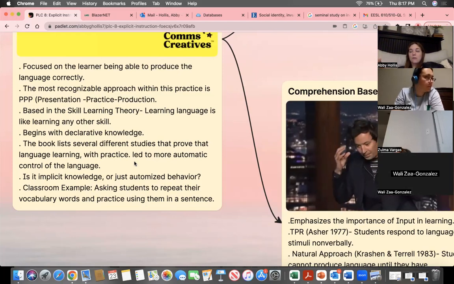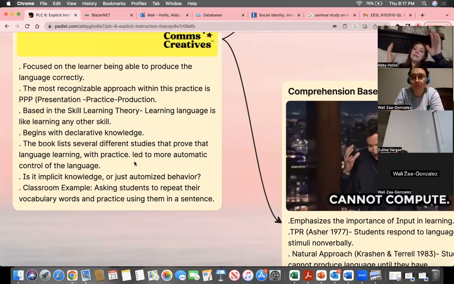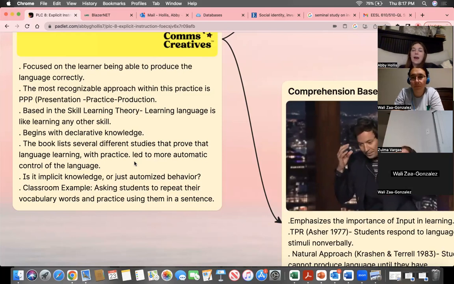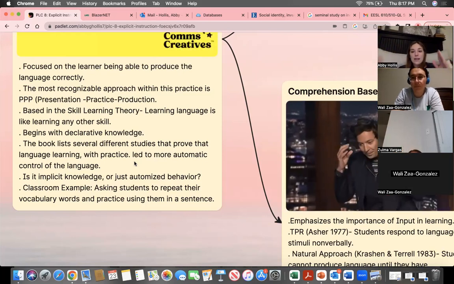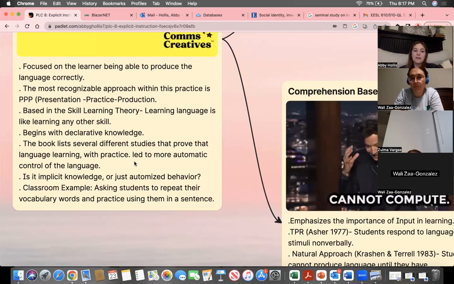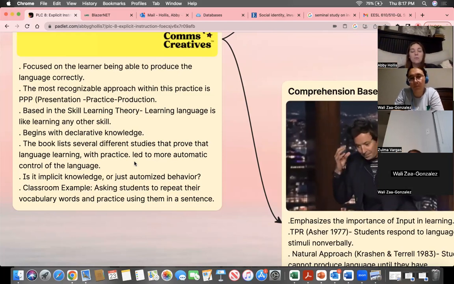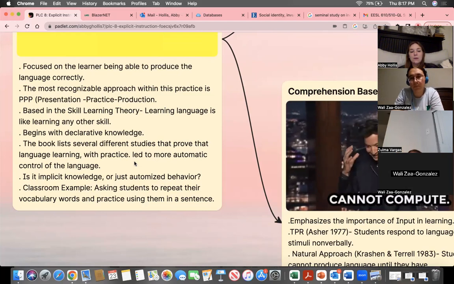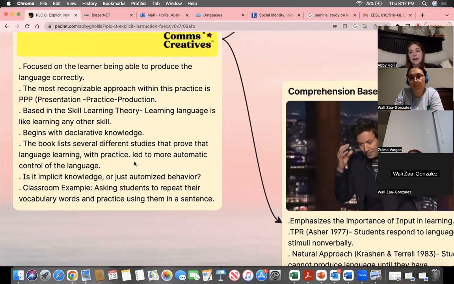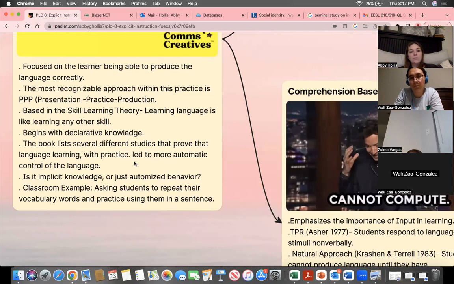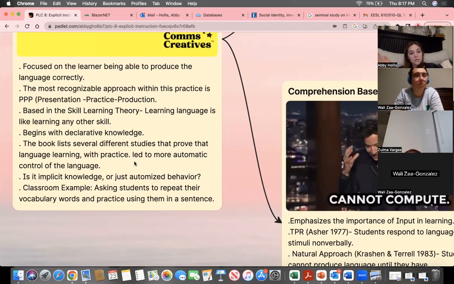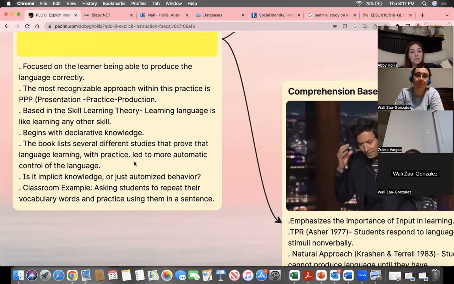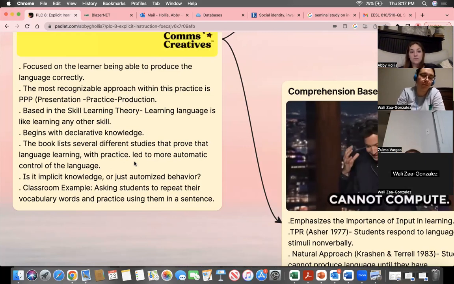So if I were to say, have a good, and then the class would say day, how is your day? And so the class would learn the vocabulary word day, and then they would use it in different ways in the sentence. And so at some point it does seem like automized behavior, but I think if the learner has the opportunity to actually practice it outside of that setting, it does turn into implicit knowledge because they use it in their everyday life, because not everybody has the opportunity to sit in a classroom.